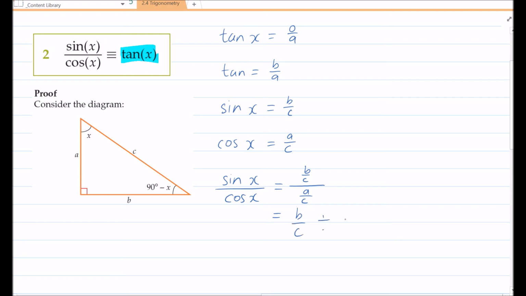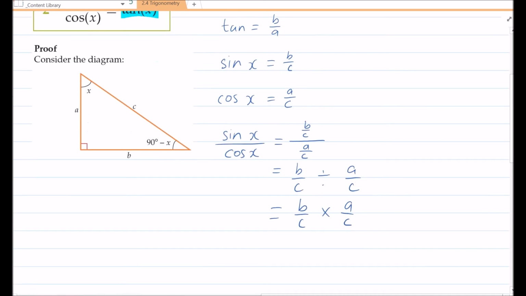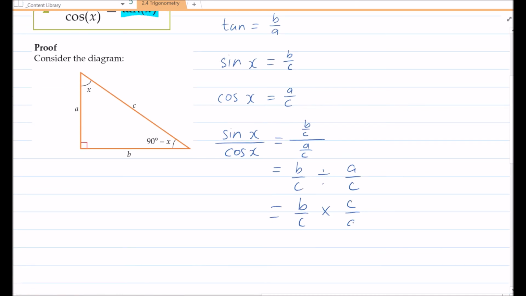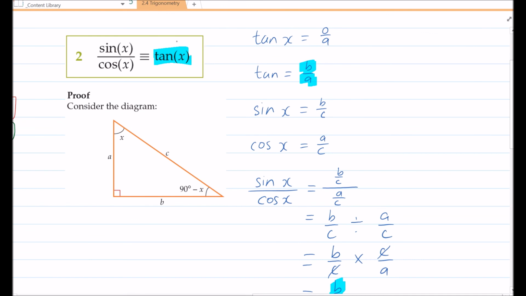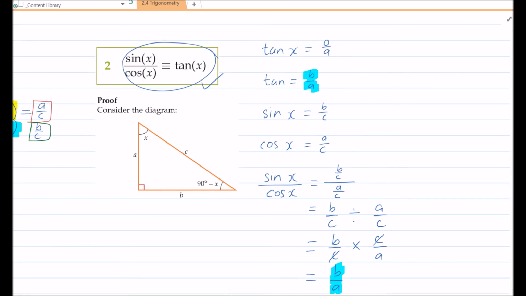So b over c divided by a over c, and we can write that as b over c times c over a, reciprocating, and so our c's cancel out, and all we are left with is b over a, which just so happens to be equal to what we said tan is equal to, and so therefore we can say that it's equal to tan x, and that shows that this relationship that we have up here is indeed true. Okay, so that's our second trig identity.